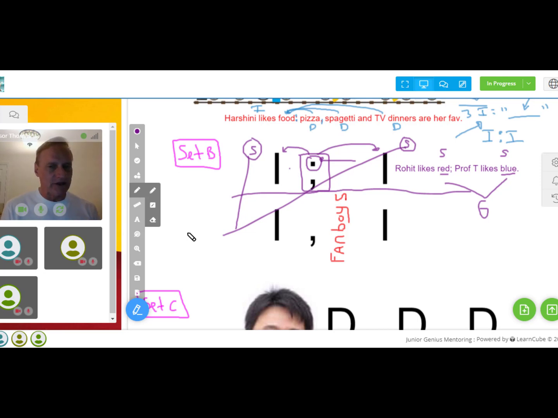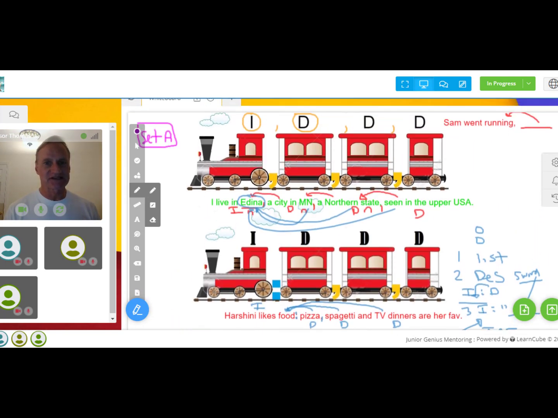You already know that when you have one comma, you should have an independent and a dependent, or vice versa. You could have the dependent clause on the front and then the independent on the back, but more often you're going to see an independent on the front with a dependent clause on the back, as you saw with our choo-choo train up here in set A.